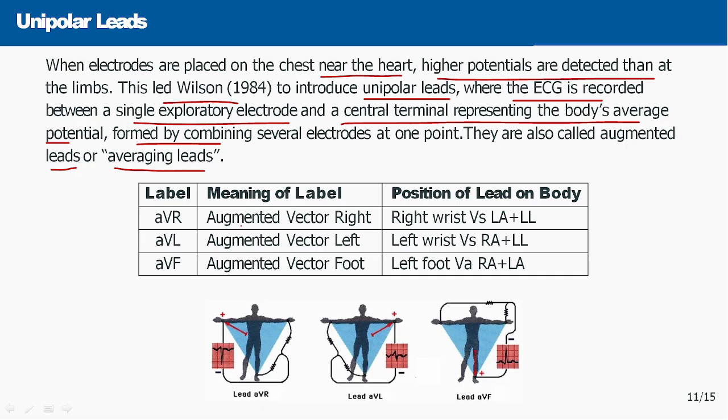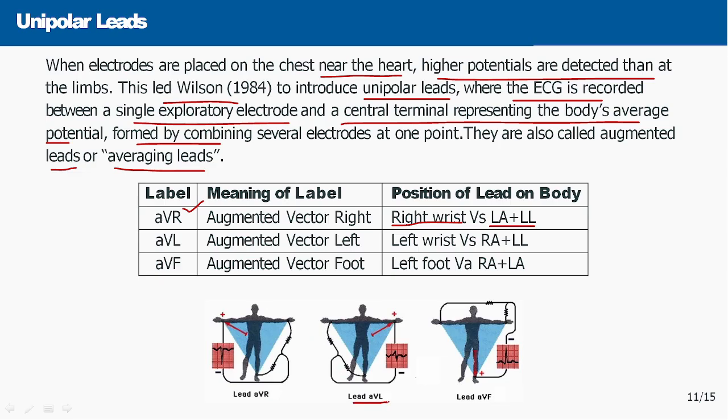Now, we have augmented vector right. This is your augmented vector right. Here you have taken these two and this is the average between them. That means right wrist versus the average of left arm and left leg.